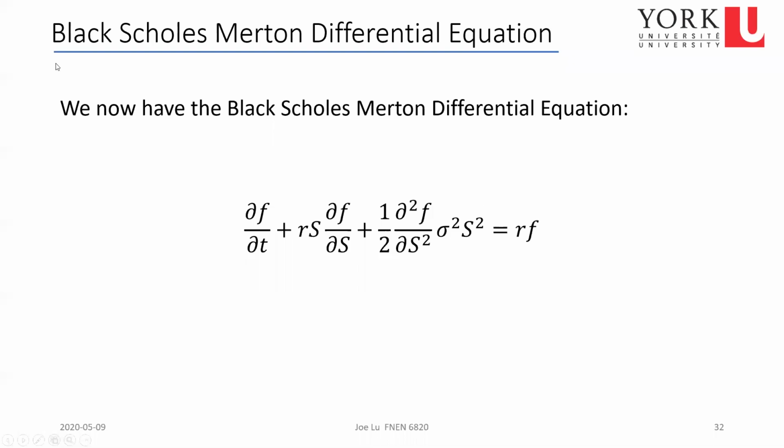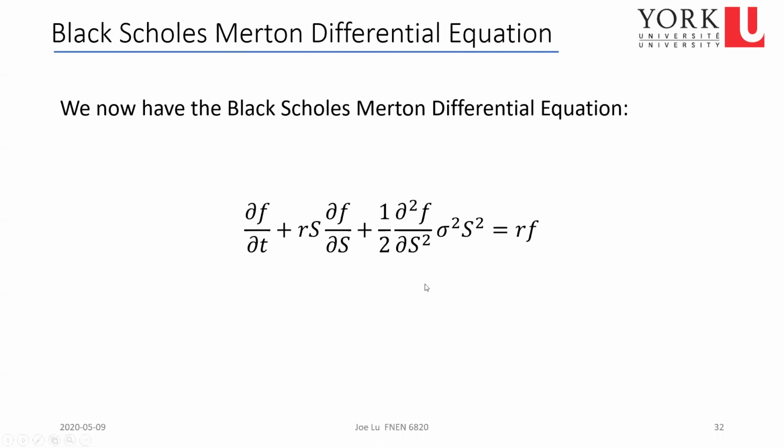Hello, class. Recall that the Black-Scholes-Merton fundamental partial differential equation has this particular form here for a derivative product where the underlying asset follows the log normal process and has no dividend payment.